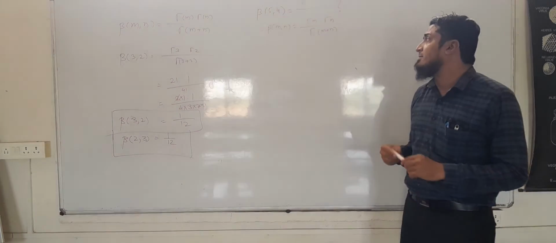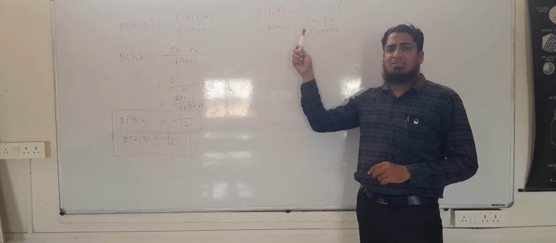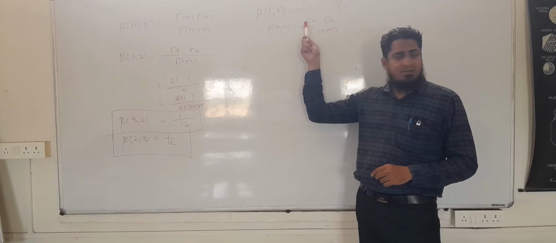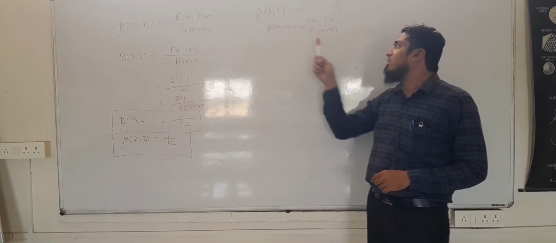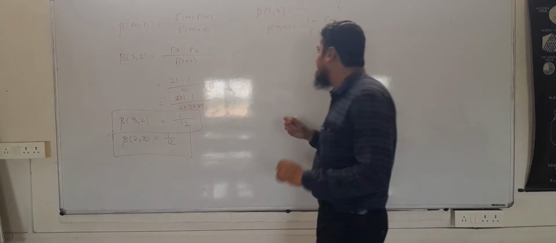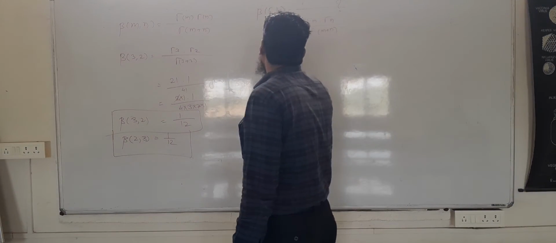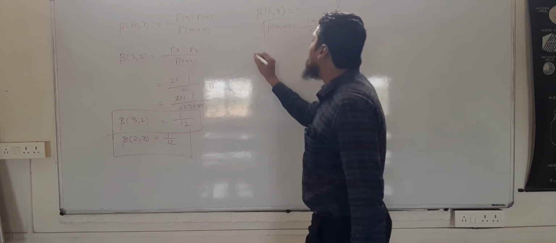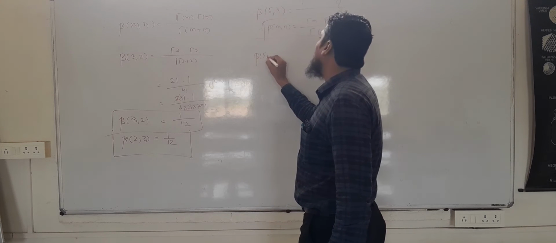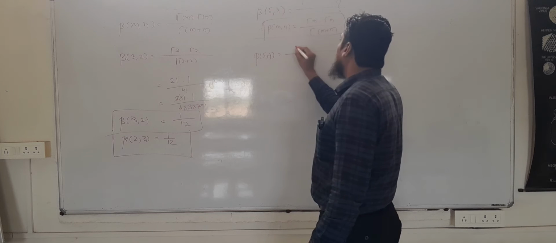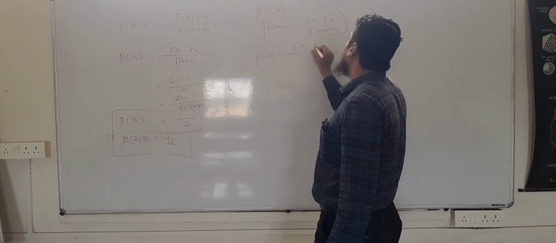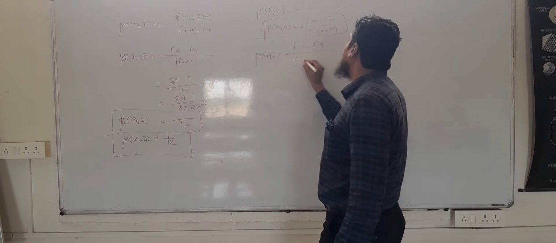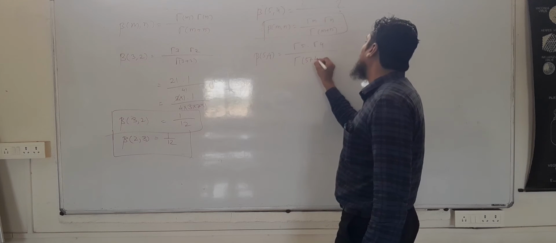With the help of this formula, beta of 5 comma 4 is equal to gamma of 5 into gamma of 4 upon gamma of 5 plus 4.